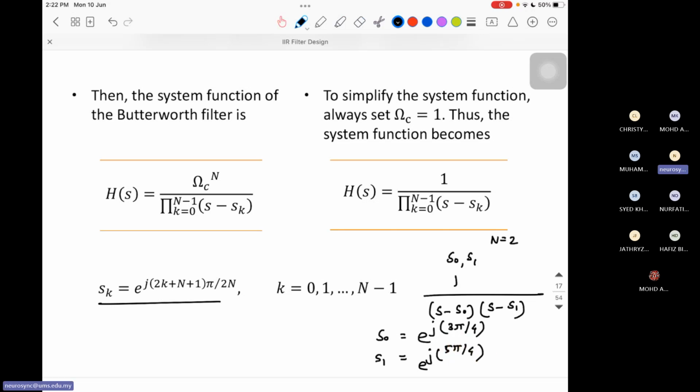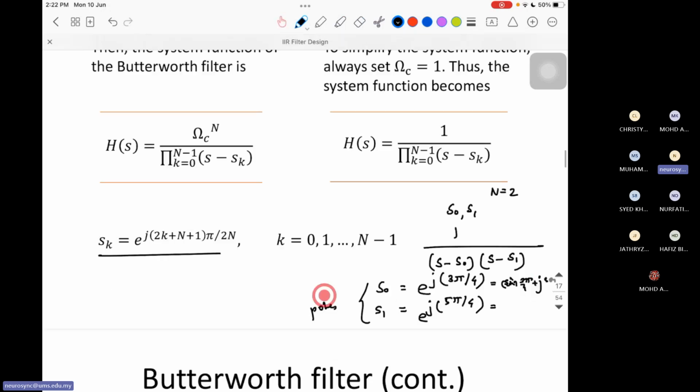This is how I can find the pole location. This is what? This is complex conjugate. That is cos of 3 pi by 4 plus j sin of 3 pi by 4. Like this, I can find the pole location. Right?